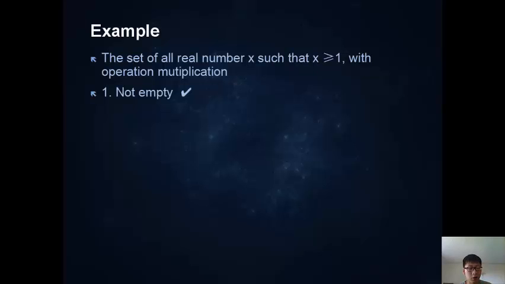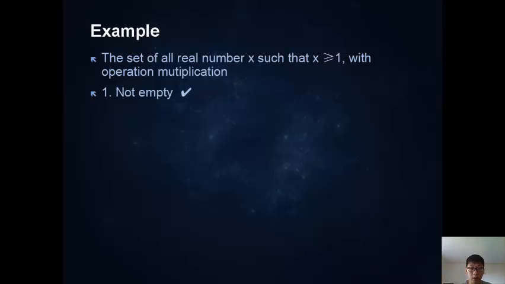So not empty, check. The second one is the identity. We first need to know what the identity of this set is. The definition says the identity times any element in this group will be equal to the element itself.